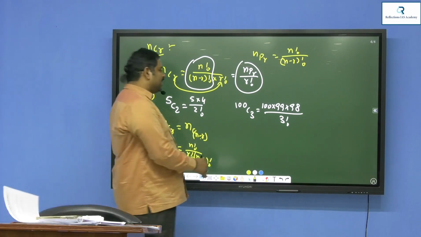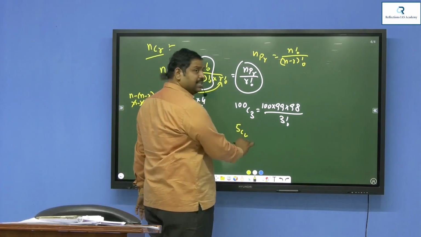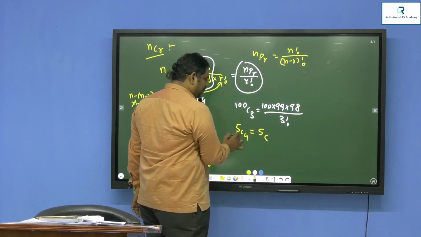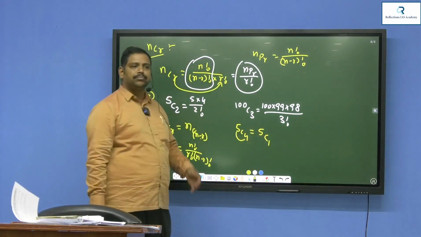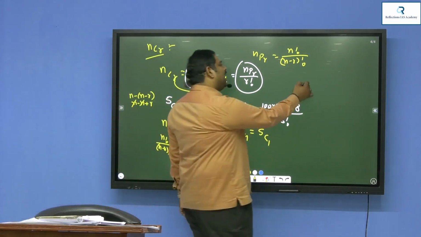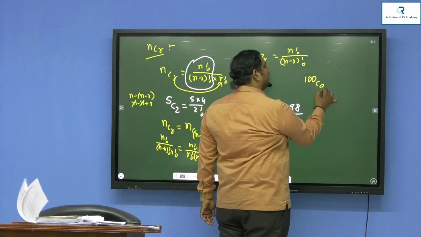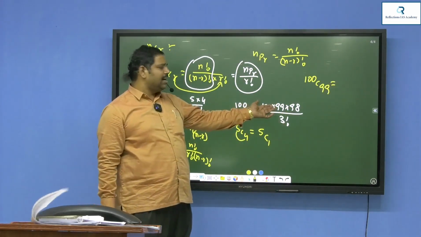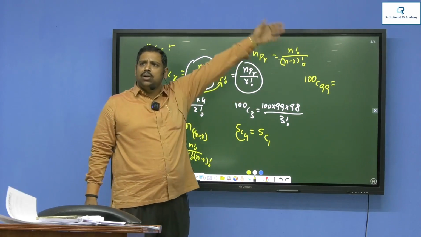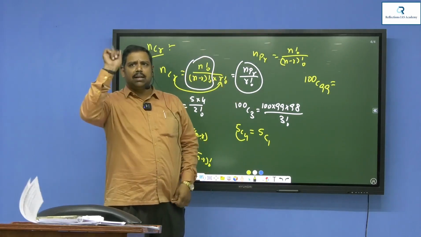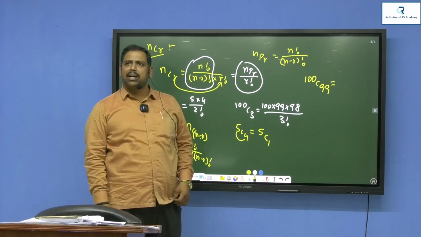From this, anywhere if you want 5C4, we can write it as 5C(5 minus 4), which is 5C1. Now tell me, if you want to calculate 100C99 directly, you have to write 100 into 99 into 98 and so on, 99 times, by 99 factorial. Before you write it, the examination time will be over, right or wrong?